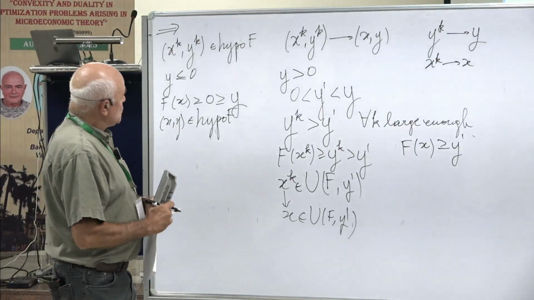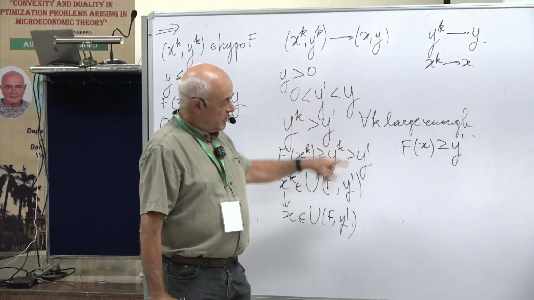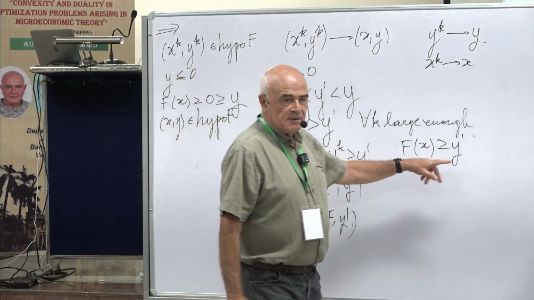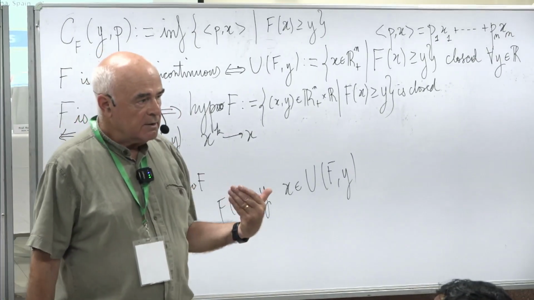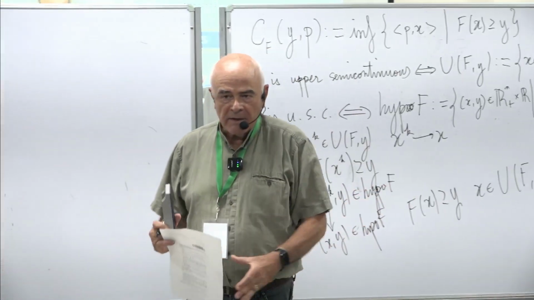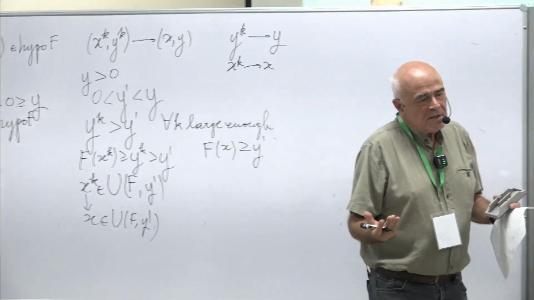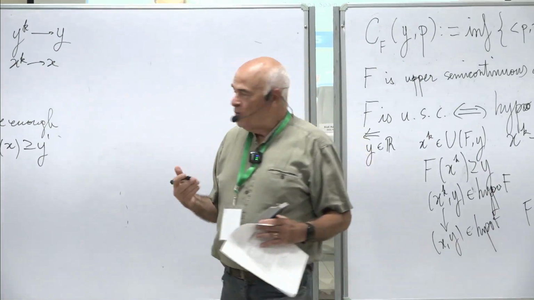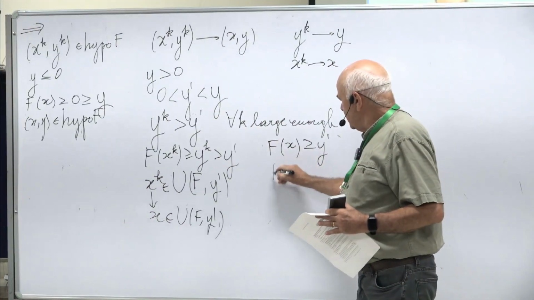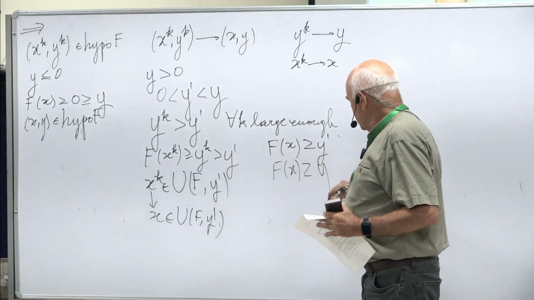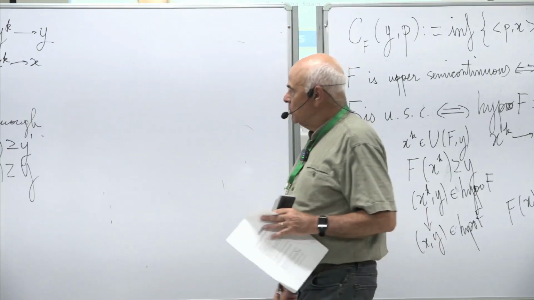But y prime was an arbitrary number smaller than y. So if f of x is greater than or equal to any number strictly smaller than y, it is also greater than or equal to y. That's very easy to prove. If you want an argument, I don't like it because it's too much for this elementary proof, but make y prime tend to y, and then this inequality yields f of x greater than or equal to y, which we had to prove, no?